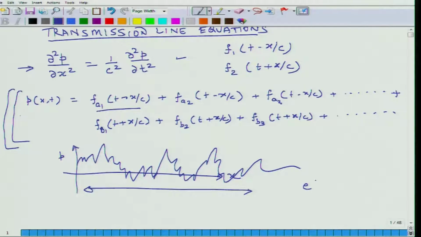So in a format something like e to the power of j times (t minus x over c), and some complex function p plus, and this p plus could be p plus 1, p plus 2, p plus 3 and so on and so forth.